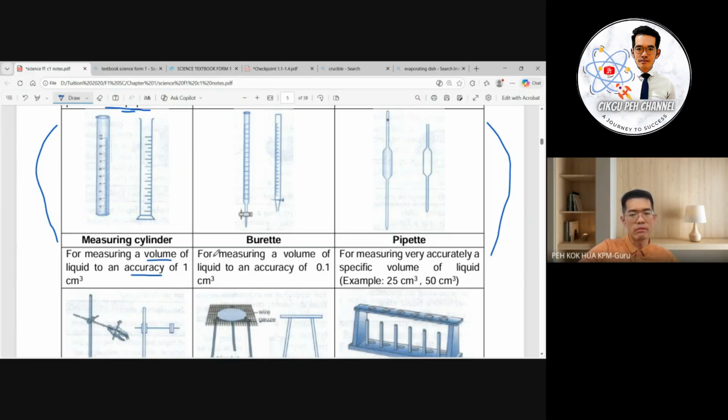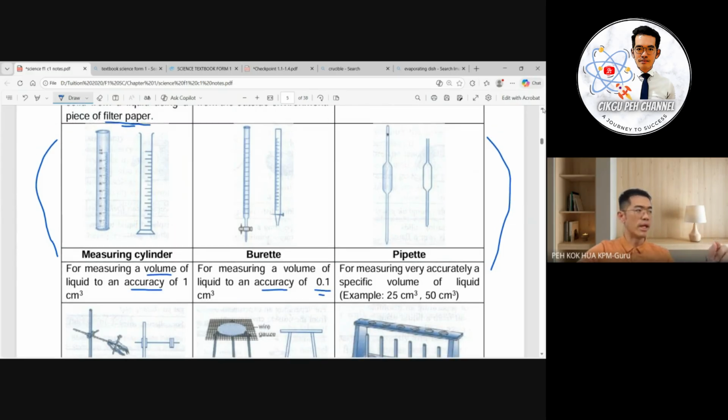Okay, but if using burette, the accuracy you can see is for measuring volume of liquid to an accuracy of 0.1，所以它可以测量到0.1的准确性。比如说，你可以量到23.2、23.4、23.5，你就要用到 burette。Okay, so the apparatus selection depends on what accuracy of the reading you want to get. For a big amount of volume, for sure we can use measuring cylinder.